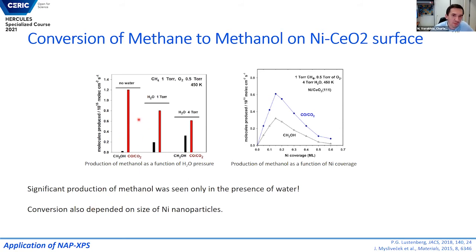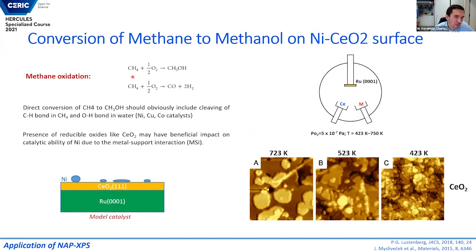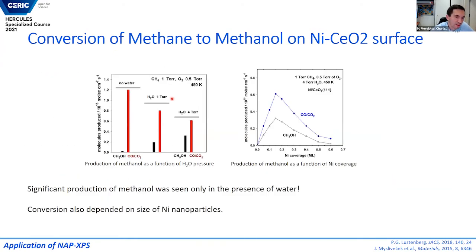So such a catalyst was tested for this methane conversion to methanol. What was first found is that if there is just a mixture of methane with oxygen at high temperature, you have complete domination of the oxidation reaction, to CO, CO2 and hydrogen.